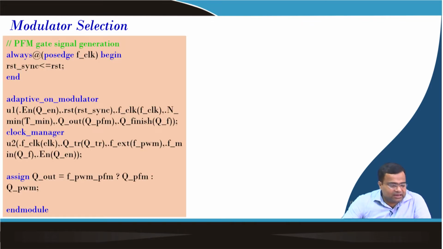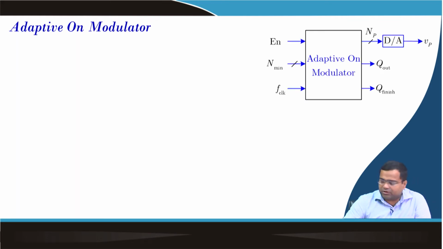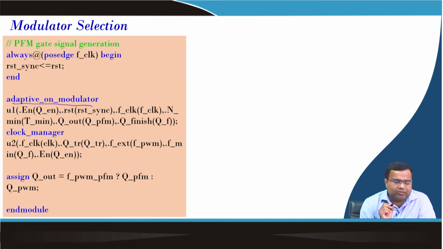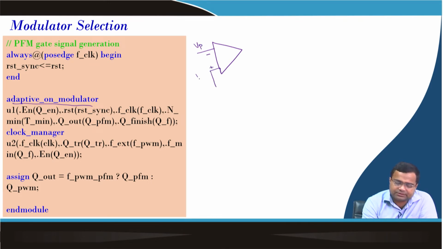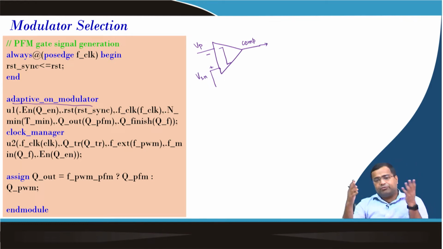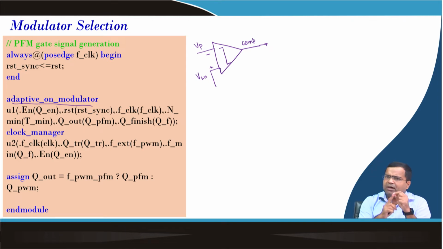Next, for the constant adaptive on time modulator, which we have discussed, for adaptive on time we are using clock synchronization. If you remember, the actual comparator output is V peak minus and Vsn plus, this is the comp. If you give it directly to the adaptive on time, as we saw in lecture number 100, it has to drive multiple signals inside the modulator, and it was getting loaded.